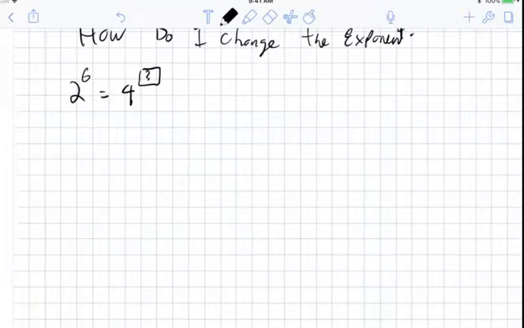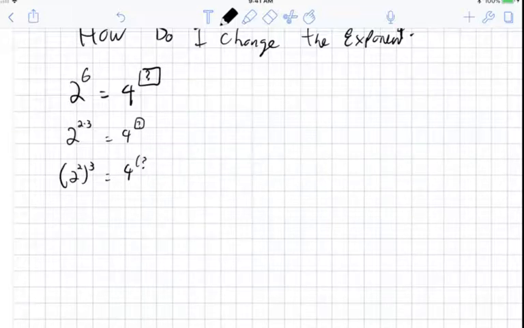Well, I note that 2 to the 2 times 3 is equal to 4 to the question mark. And you can write this as 2 to the 2 to the power 3, 4 to the question mark. And so that's 4 to the 3, 4 to the question mark. So the answer is 3. This number should be 3.